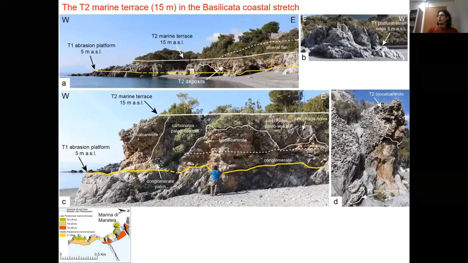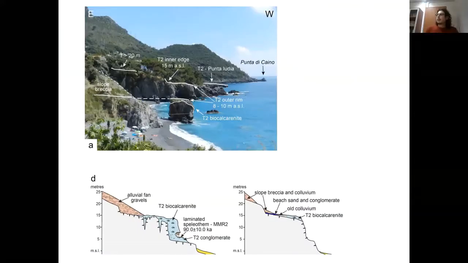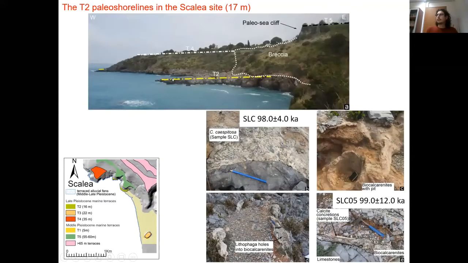Also in this case, we can measure the inner edge of the T2 marine terrace. The same order of terraces we can see in the southern part of the study area.